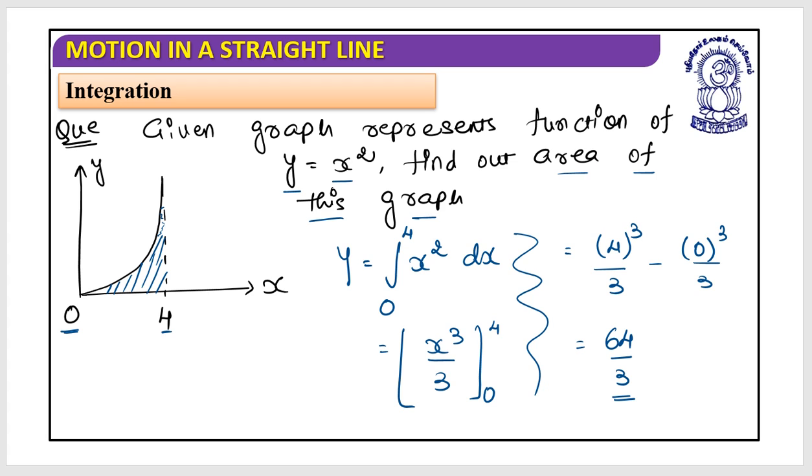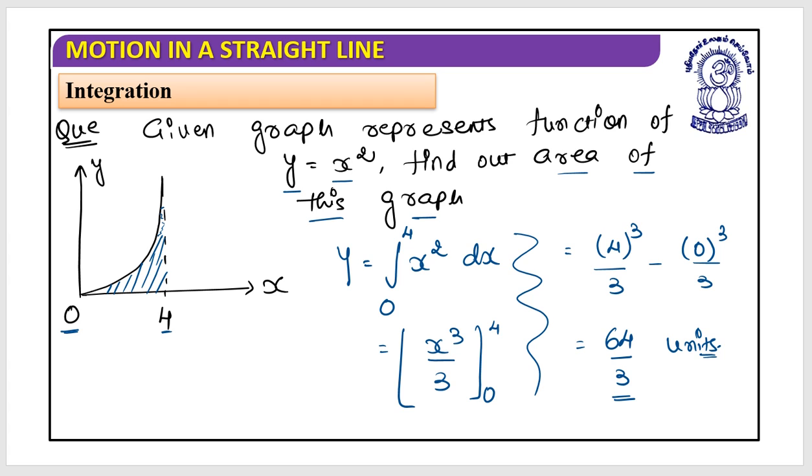It's an area, units. It's 64 by 3. It's the area of this graph. So can you solve this kind of graph as well? Are you sure? Can it be done?